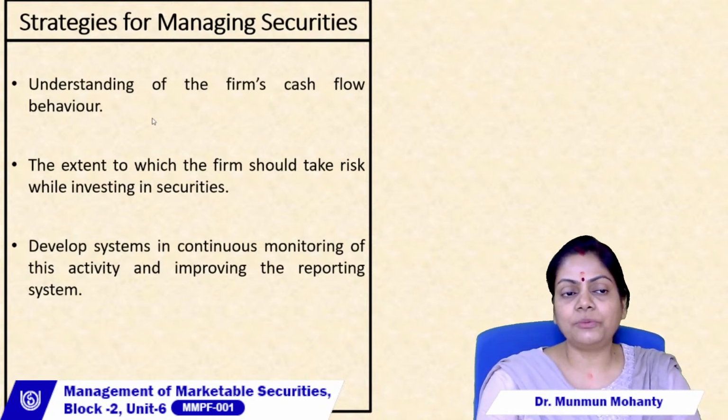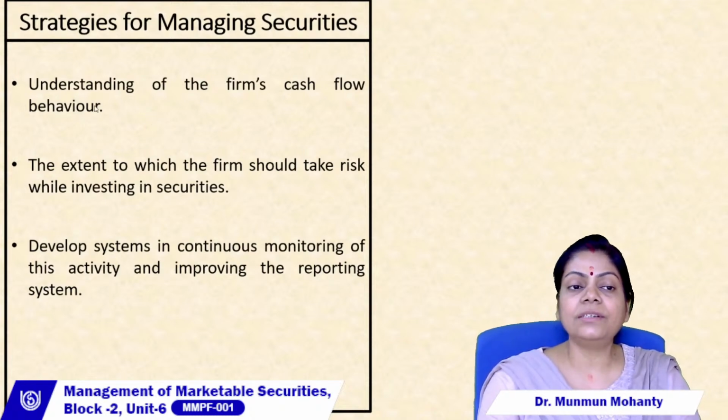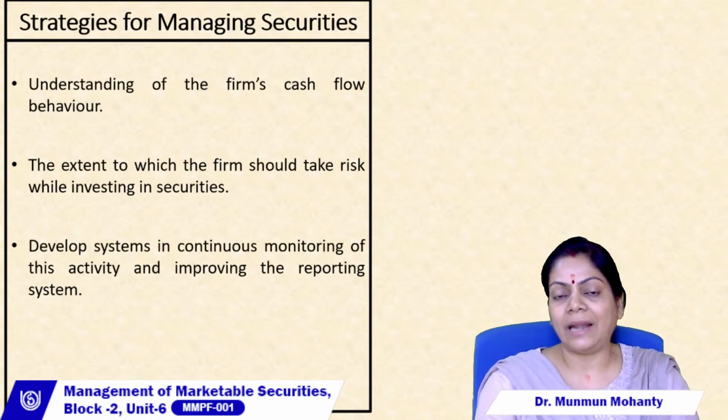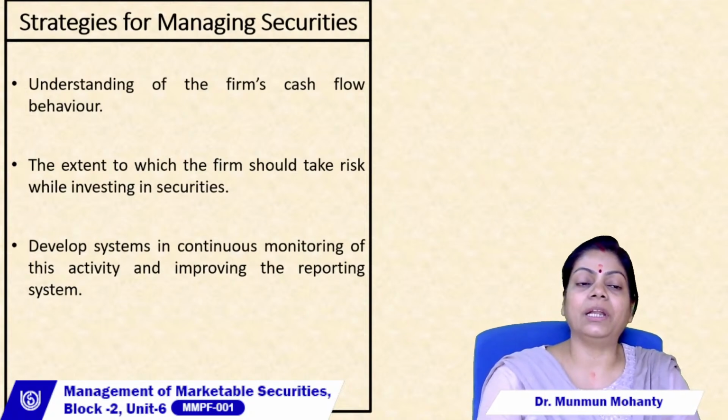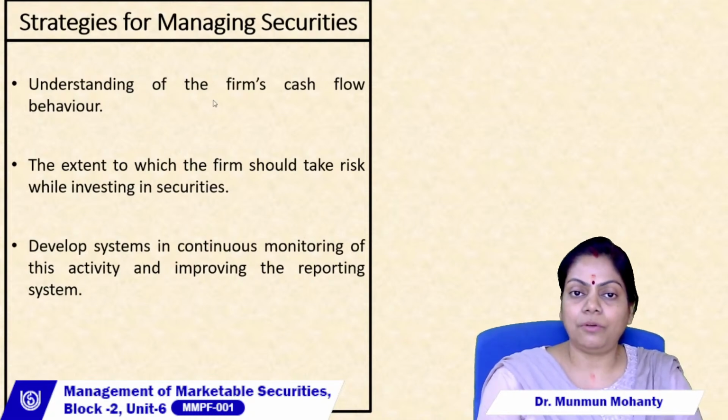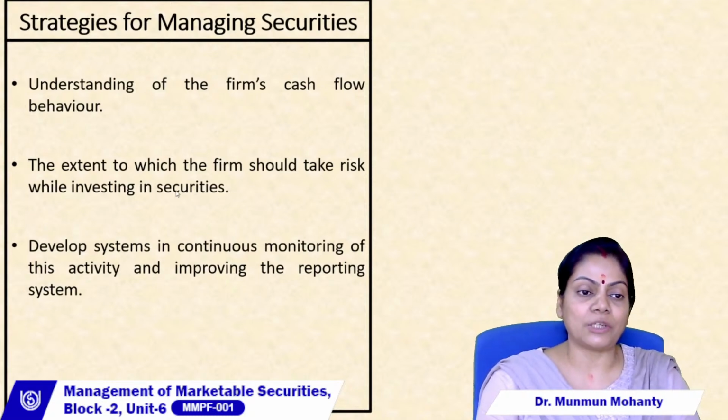So the strategies will obviously involve these three things. You have to understand the behavior of the firm's cash flow, whether you are dealing with stable cash flow, which you can predict in advance, or random cash flow, which is very difficult to predict. That will tell you a lot about the kind of model you're going to use for deciding the optimum cash balance.